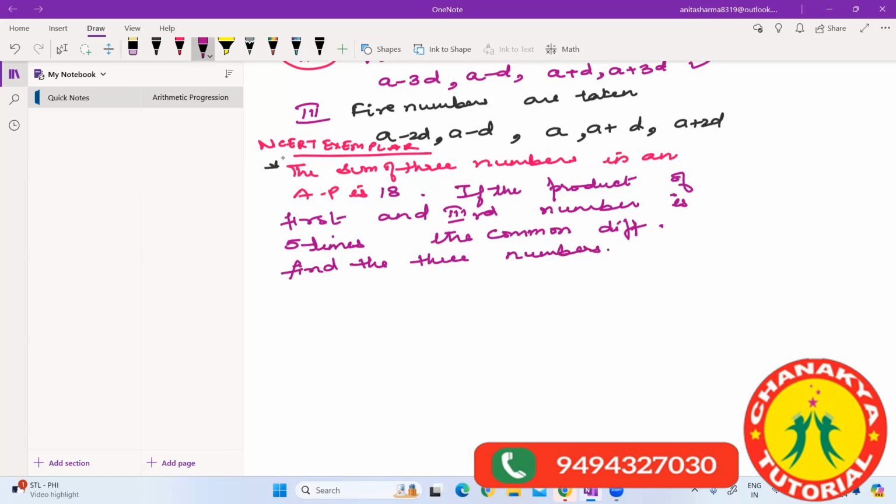So children, in this question, the sum of three numbers is given as 18.